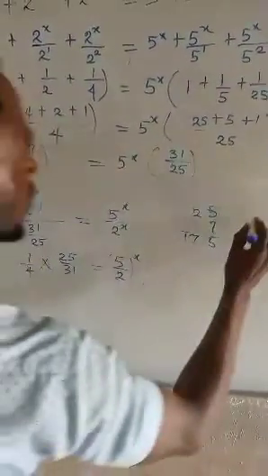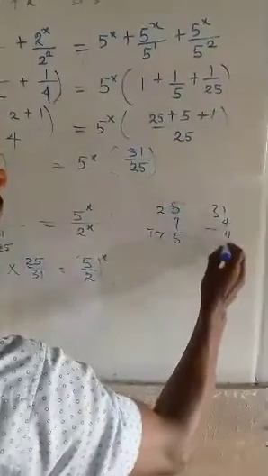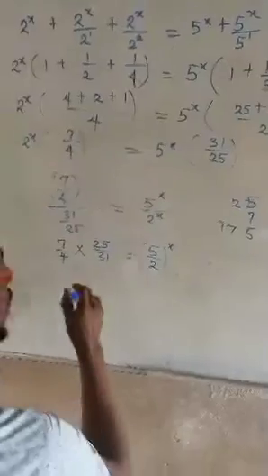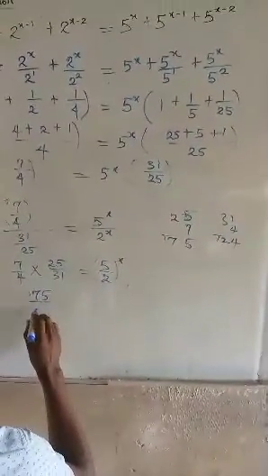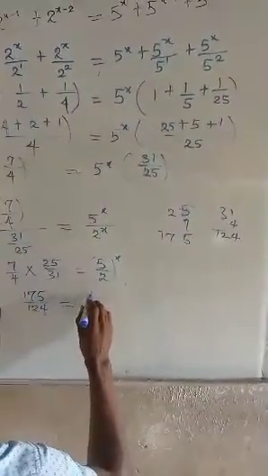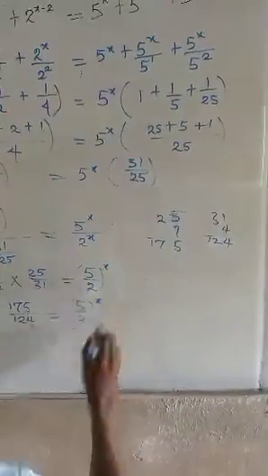Then 31 multiplied by 4, so 124. So we have 175 all over 124 equals to 5 all over 2 raised to power x.